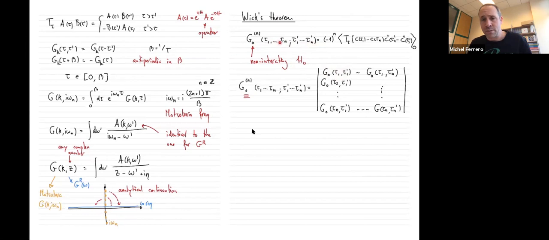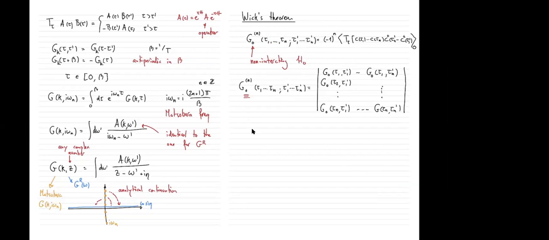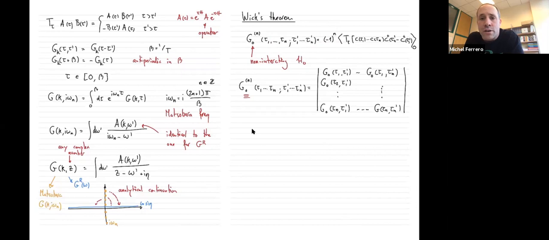Here I just wrote it by putting the imaginary time tau to make the notation easier. But actually this can also include the position, the site index, or if it's written in reciprocal space, the K index. So it's not true just for the local, it's true for the position dependent too.